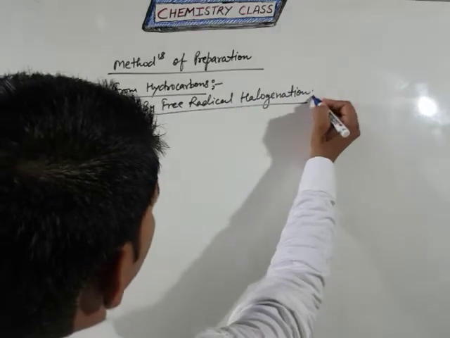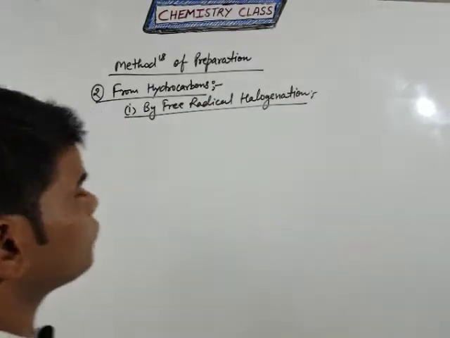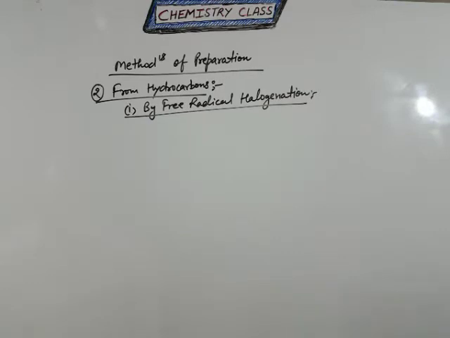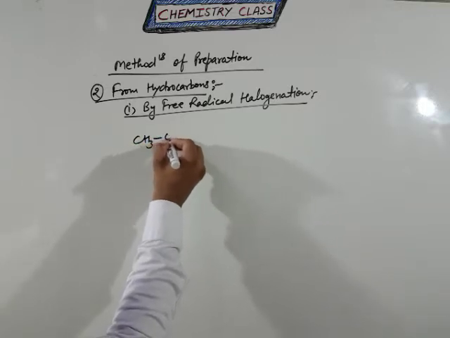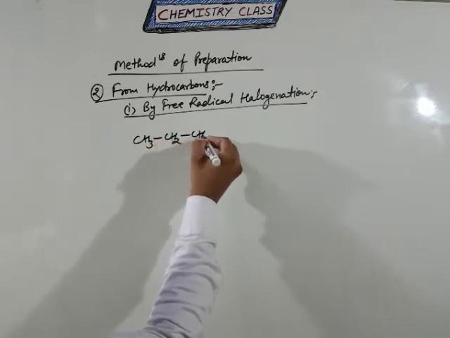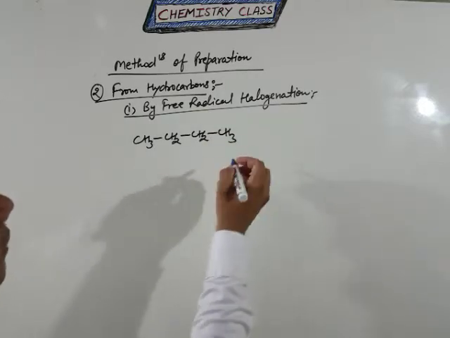So students, in this reaction we will talk about free radical halogenation. What is the meaning of free radical halogenation? Simply, students, take an example like CH3CH2CH2CH3. Clear? This is our hydrocarbon.